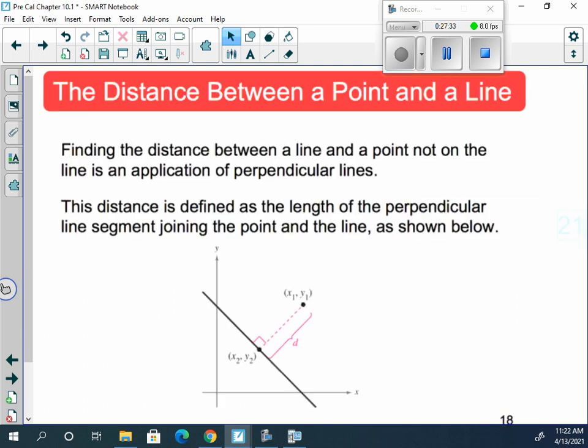Distance between a point and a line. Finding the distance between a line and a point not on the line is an application of perpendicular lines.